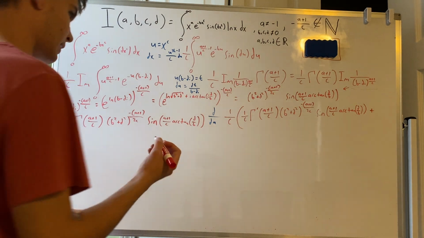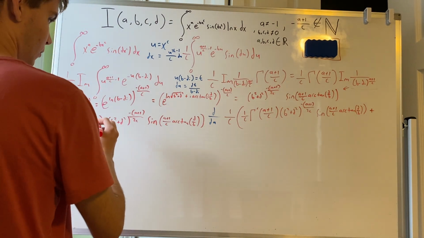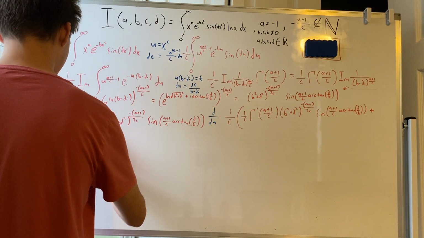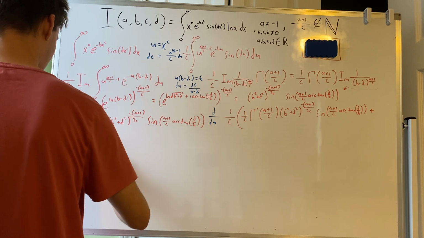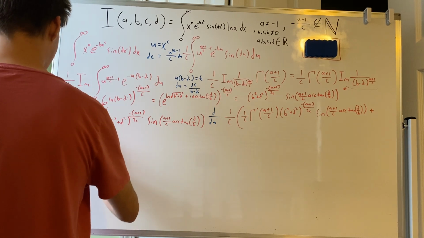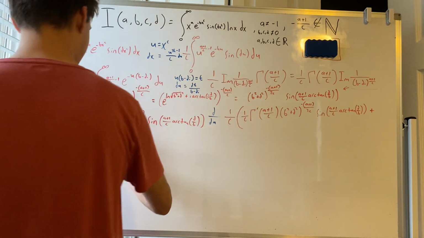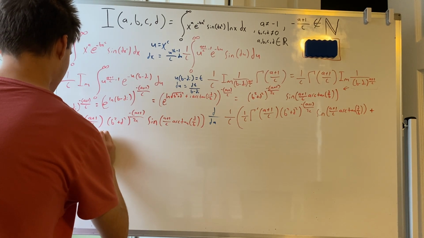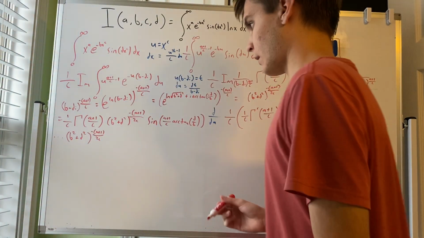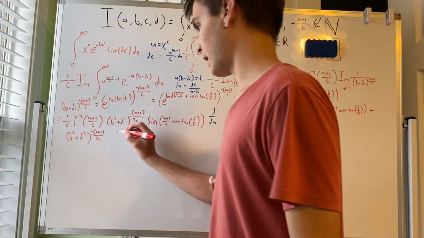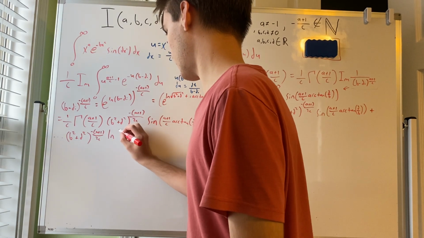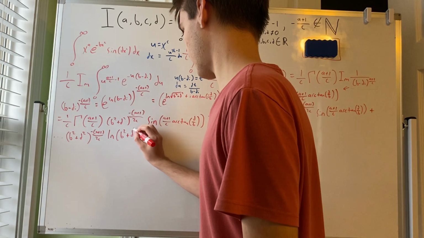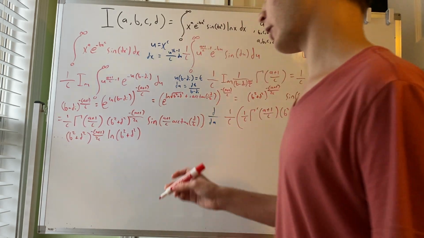So we're going to have b squared plus d squared, all still raised to the minus a plus 1 over 2c. And then we multiply by the natural log of the base. It's a weird angle to write at.